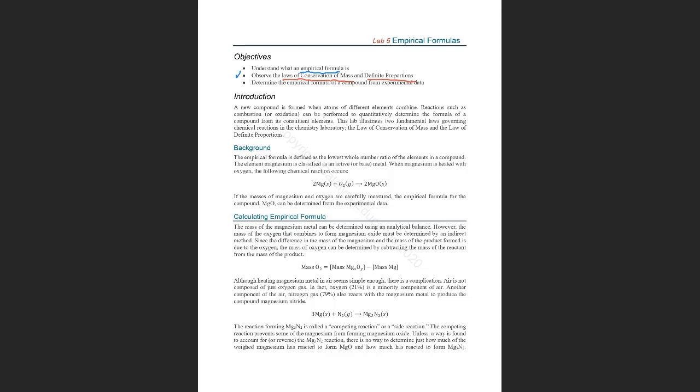The law of conservation of mass basically is saying that the total mass of substances present at the end of a chemical process is the same mass as the mass of the substances present before the process took place.